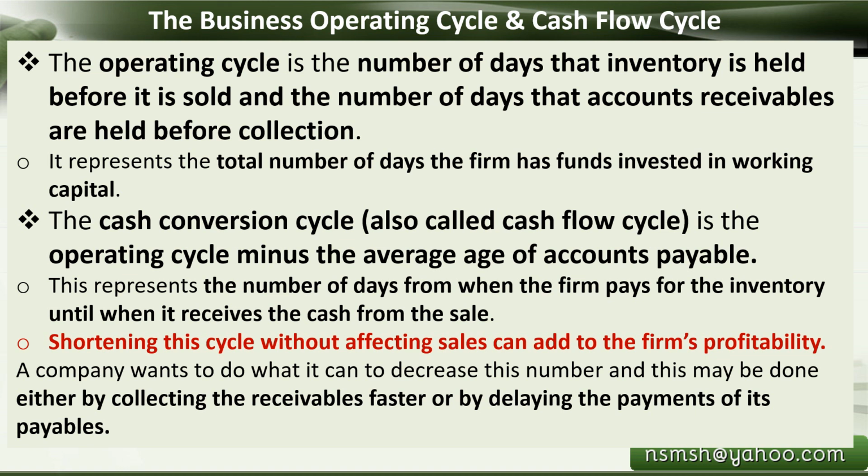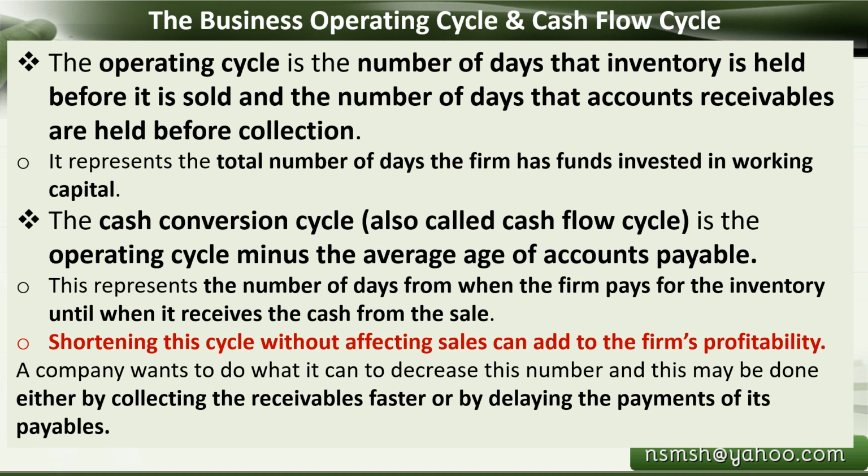It represents the total number of days the firm has funds invested in working capital. That means partly with the inventory and the accounts receivable, how they are rotated. The cash conversion cycle, also called cash flow cycle, is the operating cycle minus the average age of accounts payable.